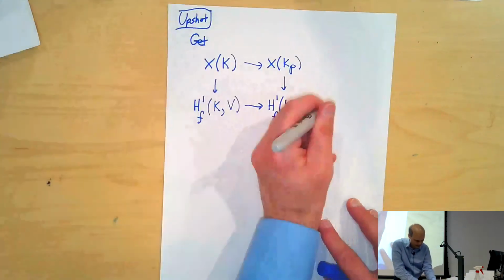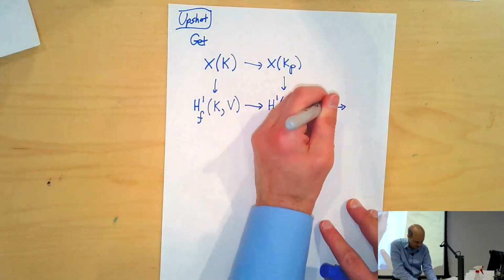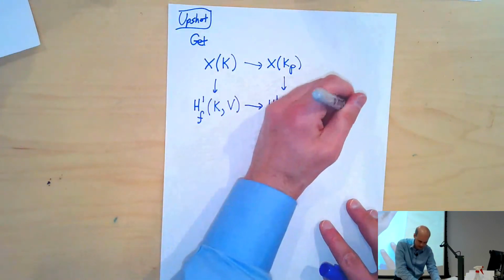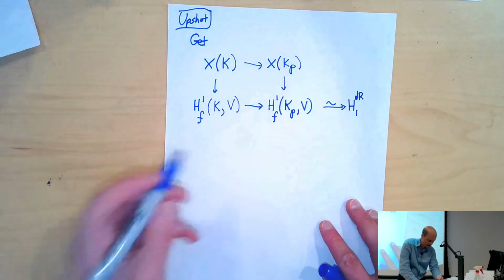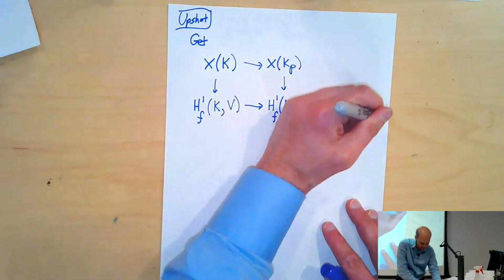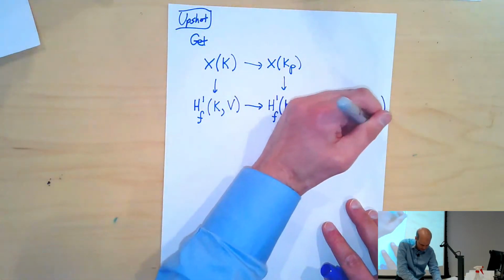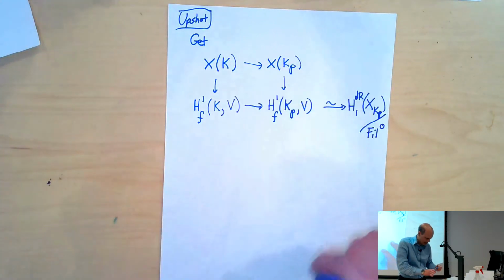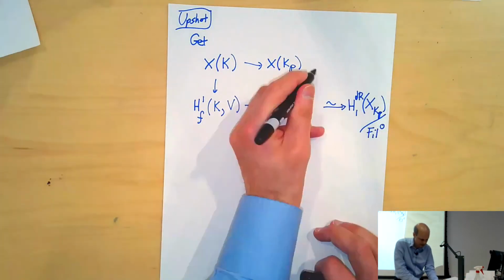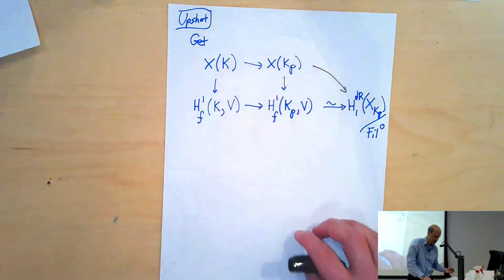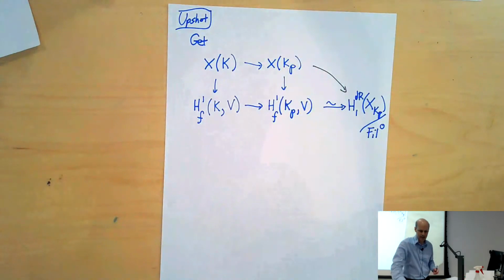And then there's an isomorphism with this quotient, this piece of the de Rham homology of X. So it's this modulo this Fil 0. And also you can say explicitly what this diagonal map in this picture is.